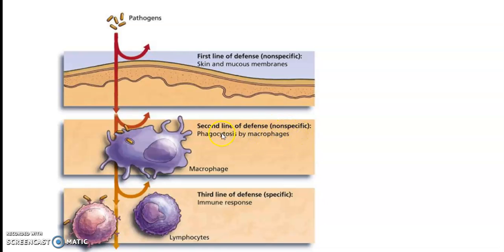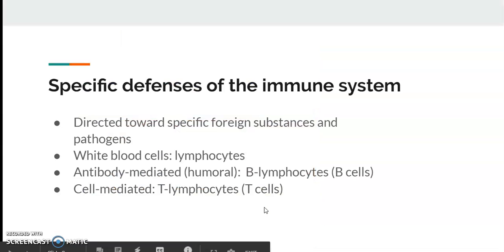So they eat big things like bacteria, for instance. Okay, so this is the second line. These first and second lines are all non-specific. But some things may make it past even that. And so this is when the third line of defense, or the specific immune response, kicks in. And the cells we're going to talk about here are the lymphocytes.